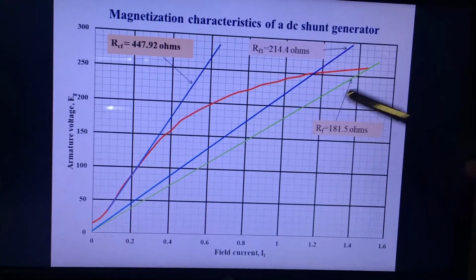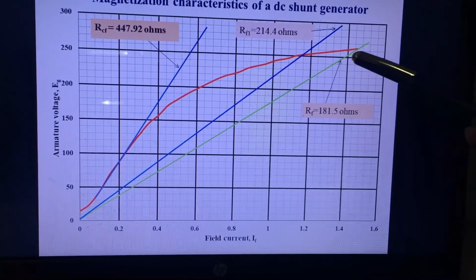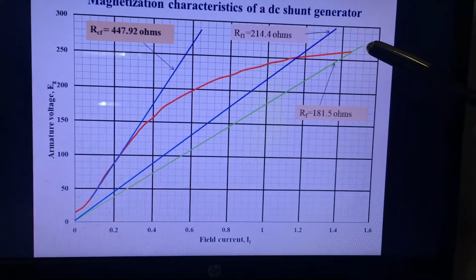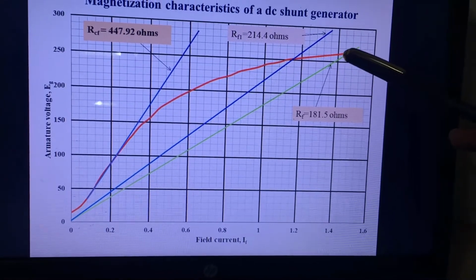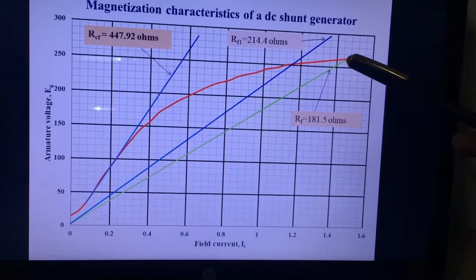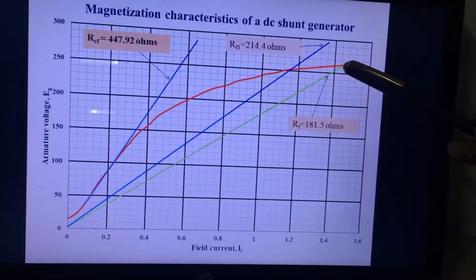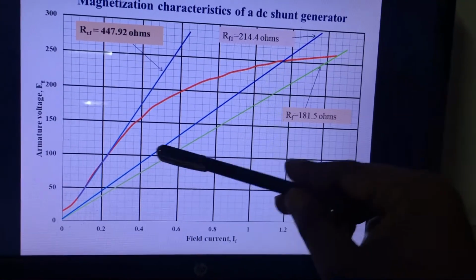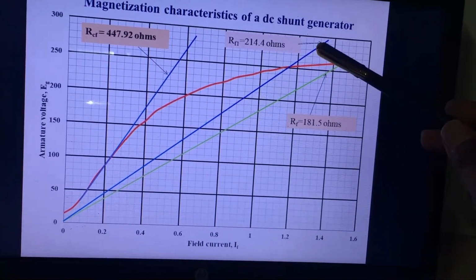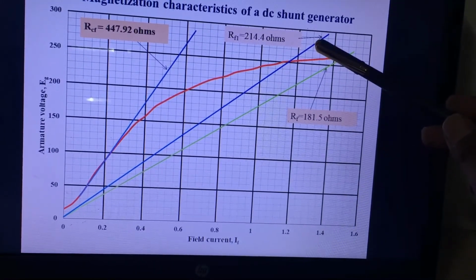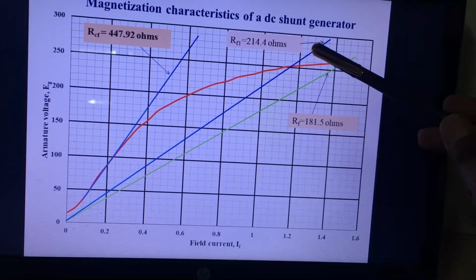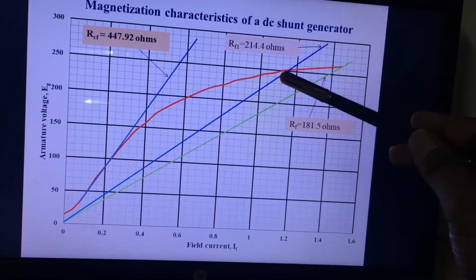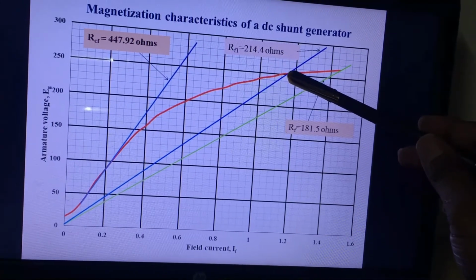Here we have drawn the resistance line for field winding resistance of 181.5 ohms, and this line intersects the magnetization curve at this point. At this point, voltage across the armature is 263 volts. Similarly, we have drawn the field winding resistance line for 214.4 ohms, and this line intersects the magnetization curve at this point.